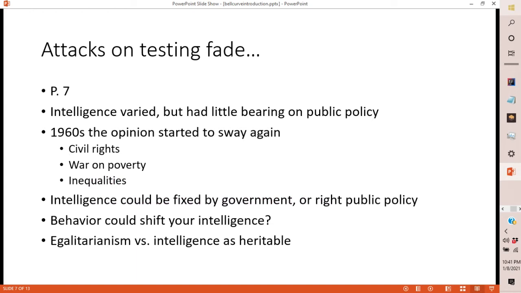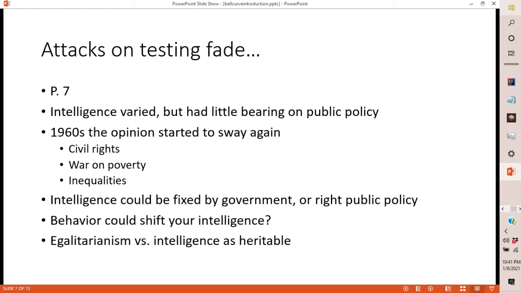And they continue on here. 1930s, the tests start to improve. And for a while, the tests are starting to gain popularity a little bit until the 1960s.